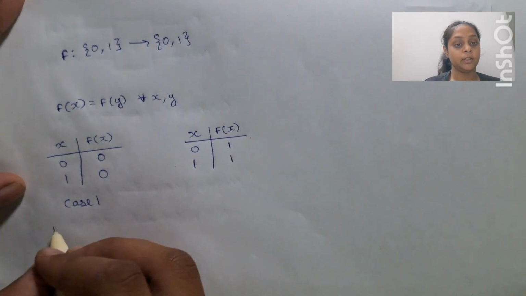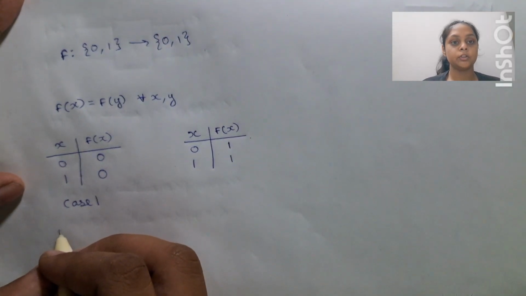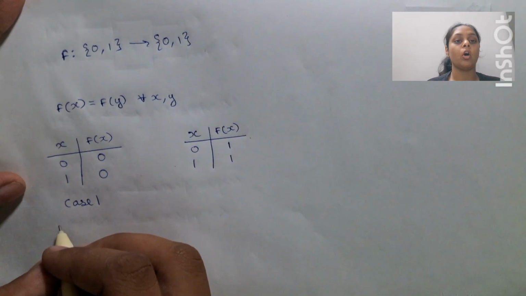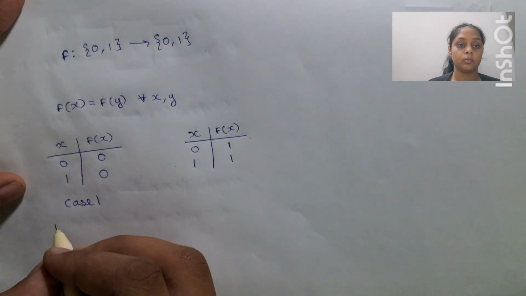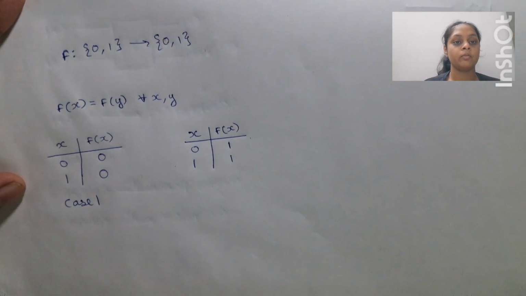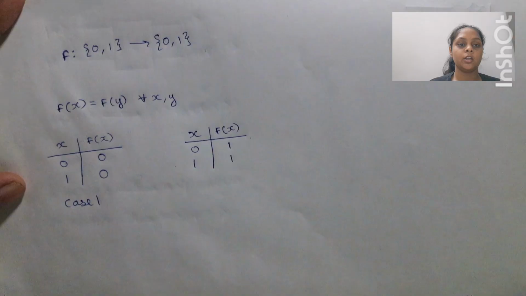A function is called balanced if it yields 0 for half of the possible inputs and 1 for the other half.